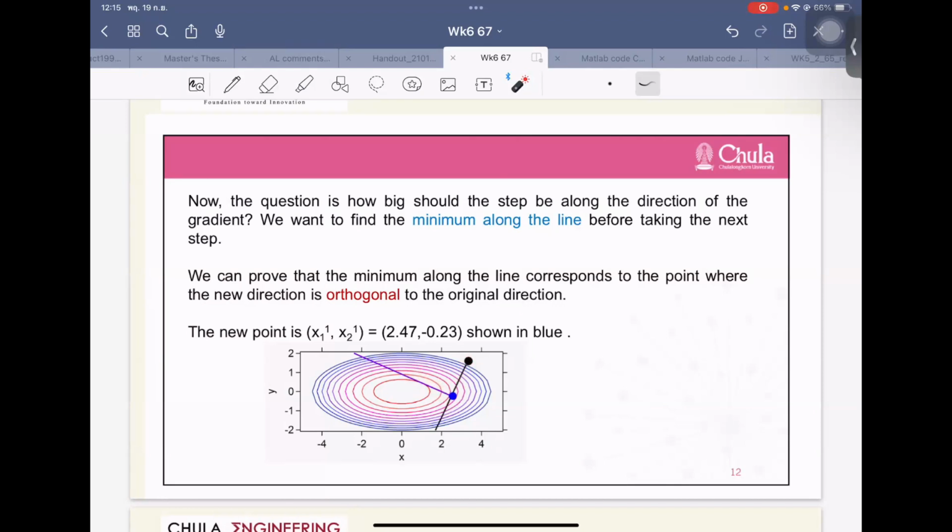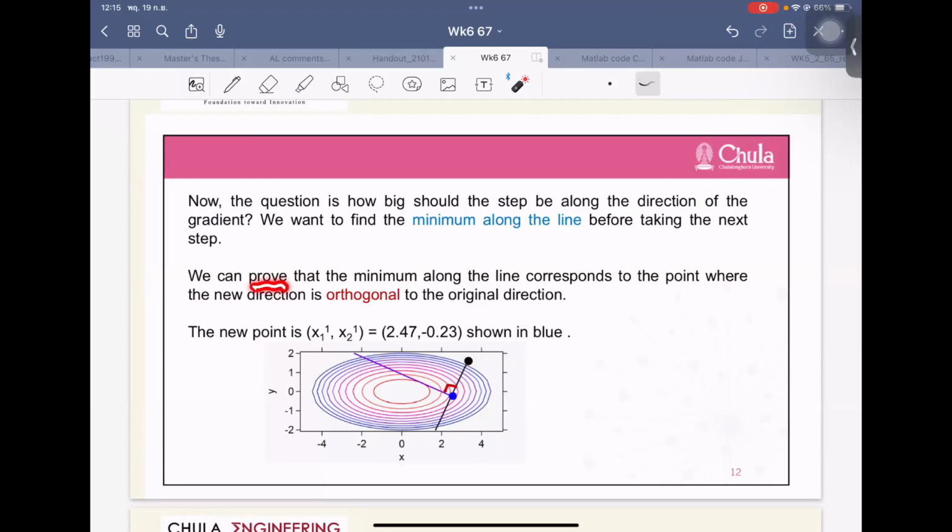I don't show you the proof, but trust me, it is perpendicular. The proof will take time, and I will prepare a supplementary video to prove that.